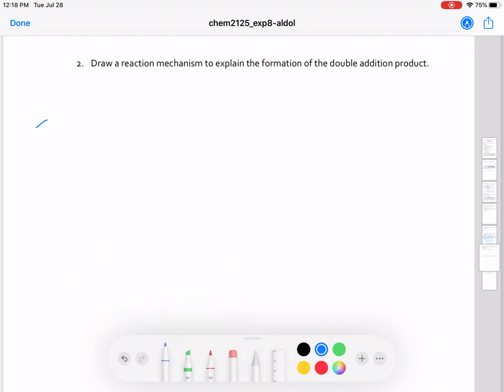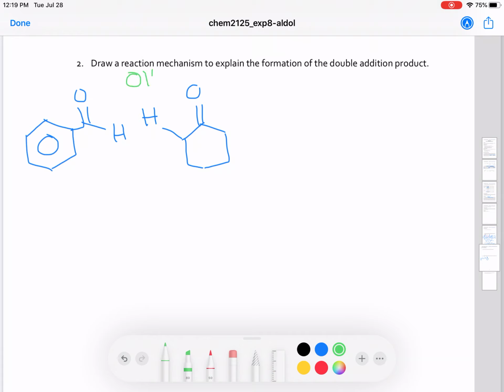Okay, so we have, I love drawing mechanisms. All right, so your aldehyde and then you have your ketone. And then you have your alpha hydrogen over there. And then we have OH, hydroxide.